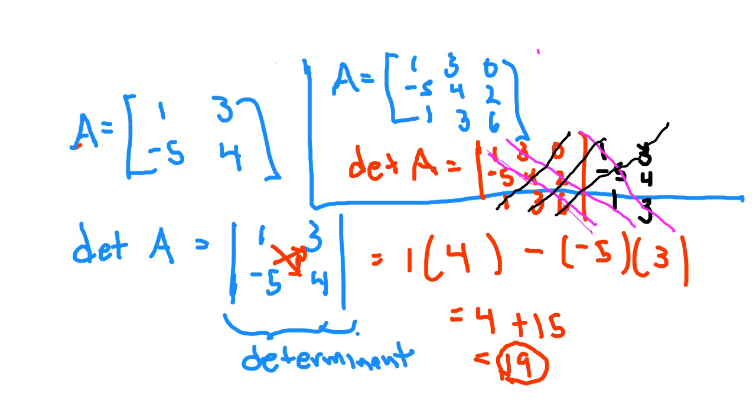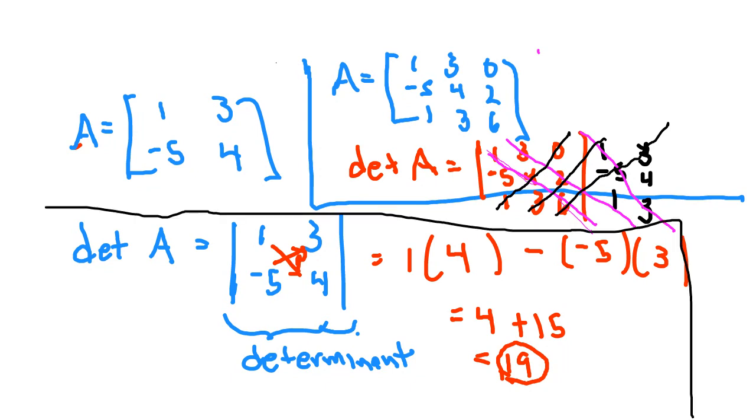So these techniques are fine for the 2x2 determinants and 3x3 determinants. But what if we had a 4x4 determinant or a 5x5 determinant? We need a more general way to compute a determinant.